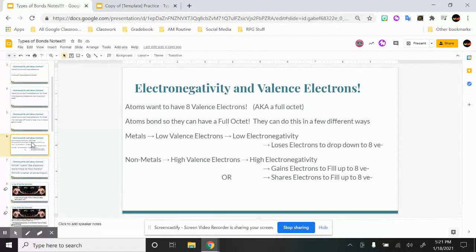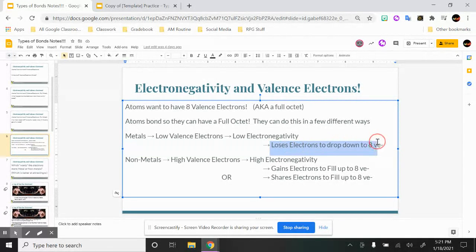Okay, so metals and nonmetals are going to try and get 8 valence electrons. Metals have a low number of valence electrons, so they just lose those electrons and drop down to 8. They have low electronegativities. Nonmetals are really close to having 8. So they're either going to gain or share their electrons to fill up to 8 valence.